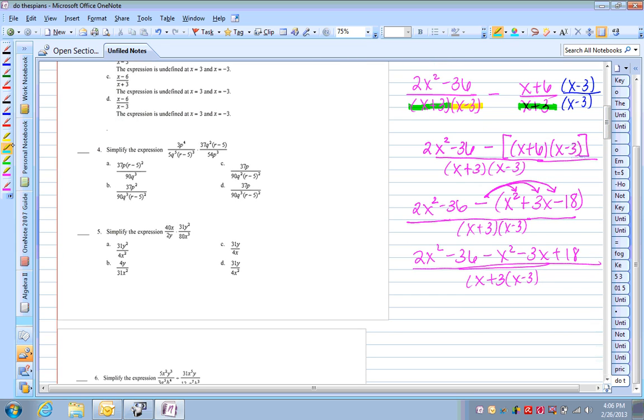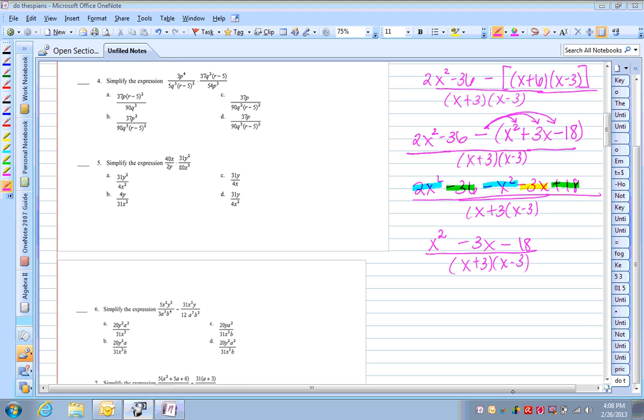I combine my like terms, my x squareds, my constants, and my x's. Okay, so I end up with, on the top, just x squared minus 3x minus 18 all over x plus 3 times x minus 3.